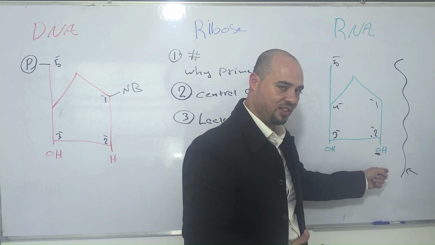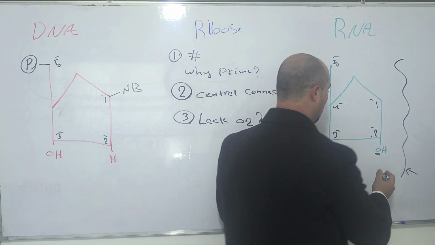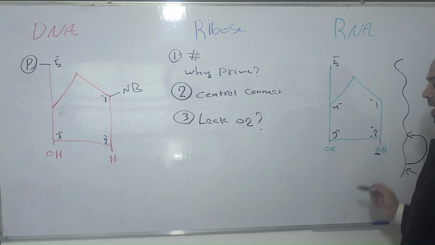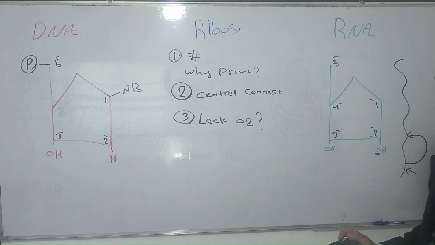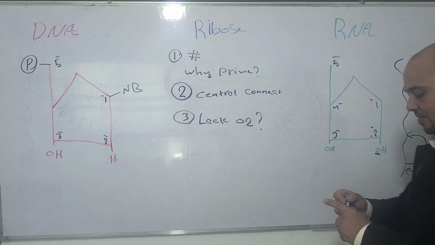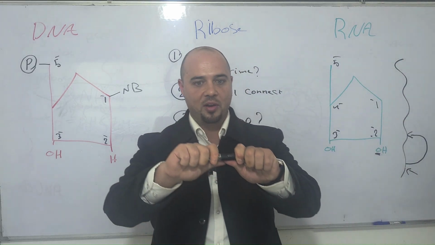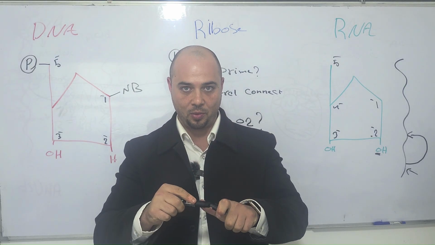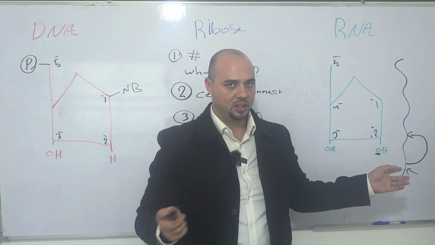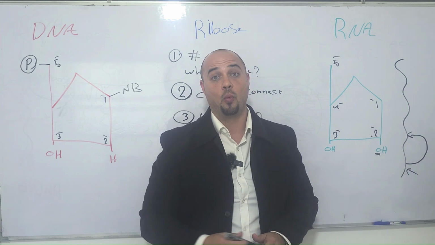The mere presence of this oxygen right here is going to cause the RNA to attack itself and undergo something called hydrolysis. Now, hydrolysis, remember, is water breaking. If this is an RNA and I put a drop of water on it, it breaks. And so you'd imagine that the RNA is not going to survive for a very long time. Now, what about the DNA?